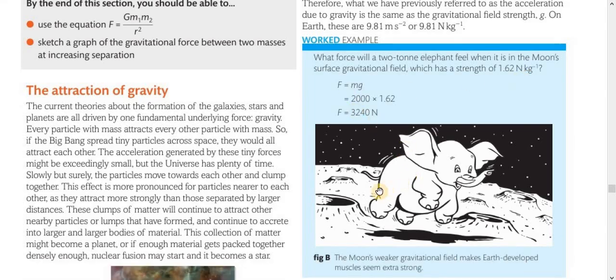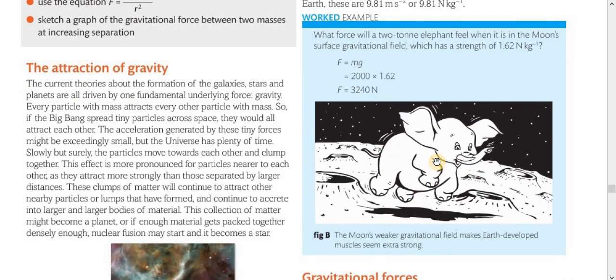So an elephant has a weight much lesser on the moon compared to that on the earth. And if we look at this diagram, it's as if the elephant is floating. When the elephant jumps, it won't fall back down to the moon right away like on the earth, because the acceleration of free fall, g, on the moon is less.